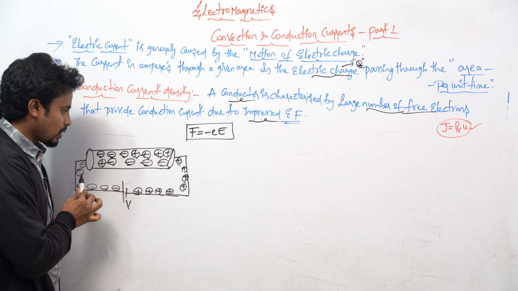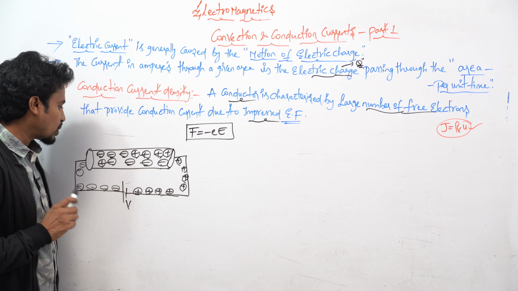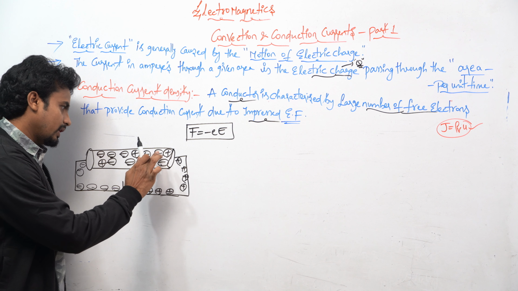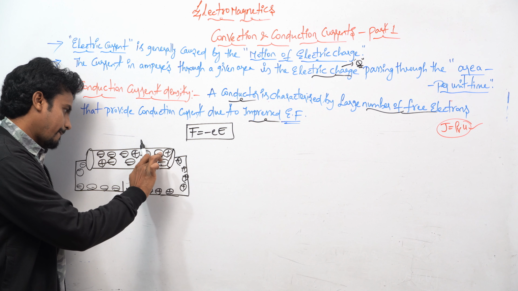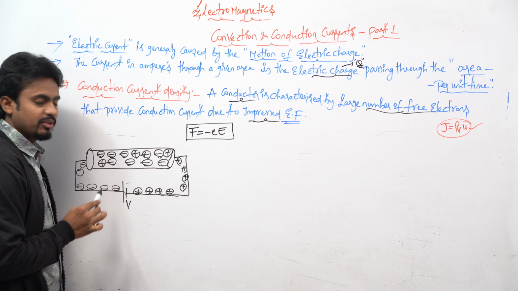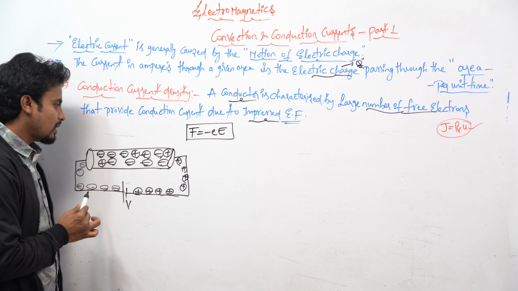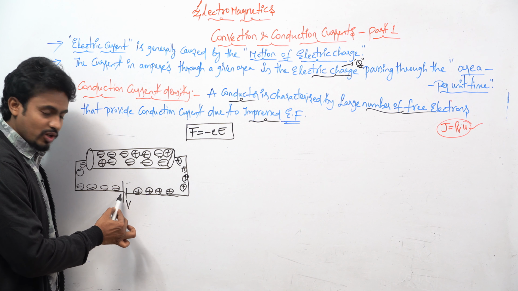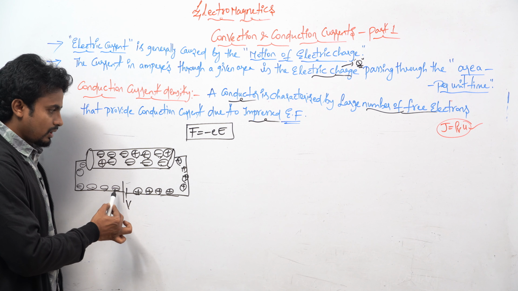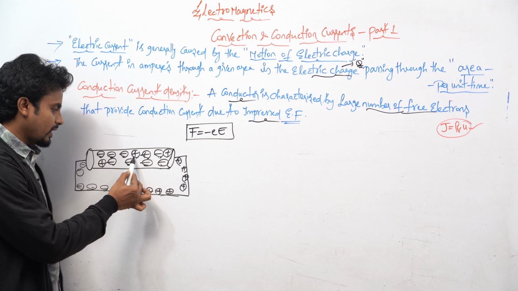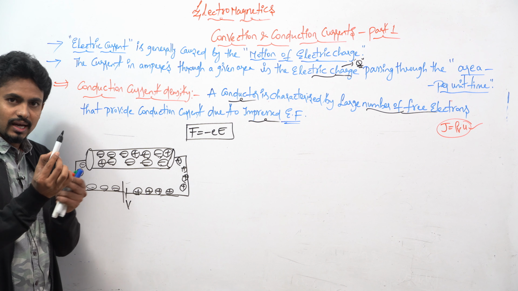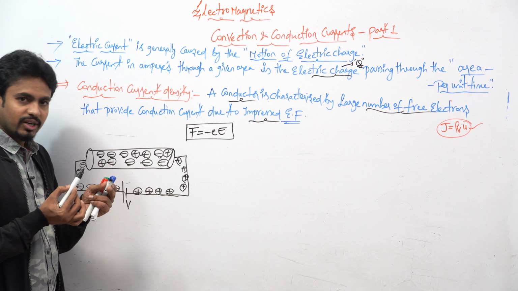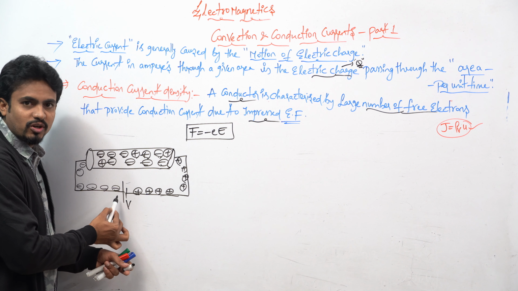Here one thing you have to observe. For example, a negative charge, that is an electron, is present. When this electron reaches the positive sign, it collides and some atomic collisions happen, and after that it reaches the positive charge.